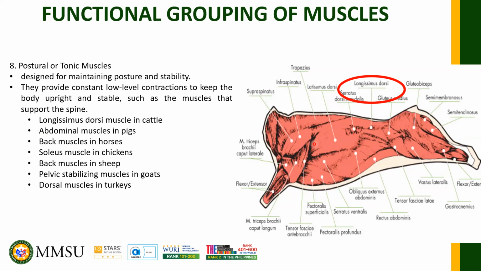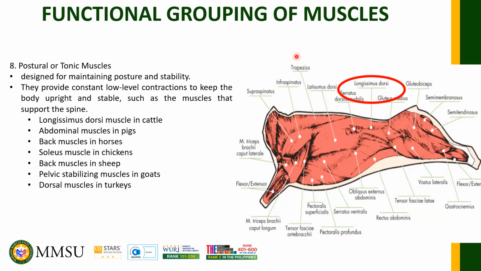That usually runs along the spine. So that is a postural muscle in cattle. It helps maintain the back of the animal and at the same time the body posture by supporting the vertebral column. So it provides stability during grazing and standing of the animal.